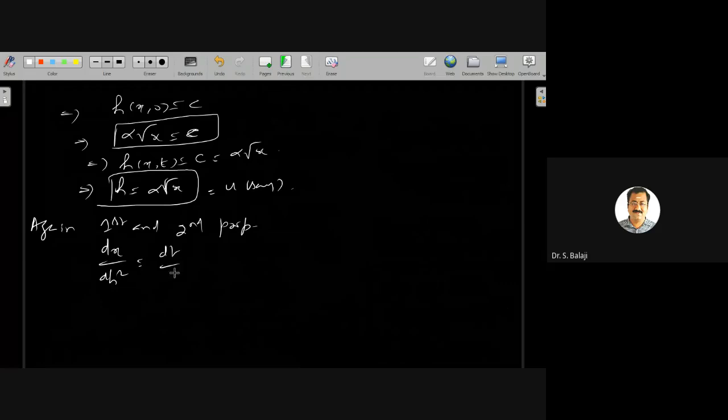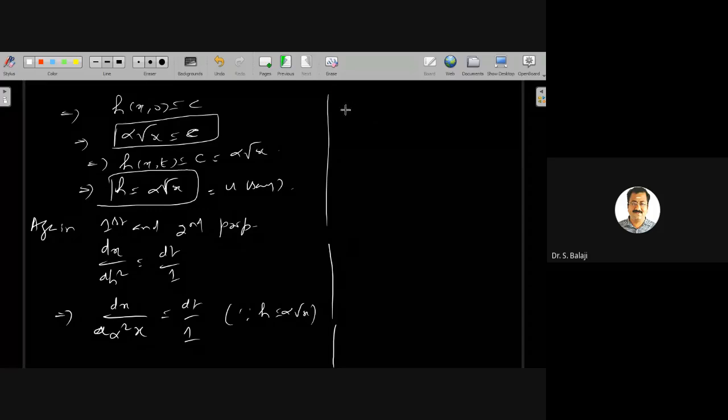Now apply h is equal to alpha root x here: dx by a alpha square x equal to dt by 1, since h is equal to alpha root x. I forgot to apply the initial condition.